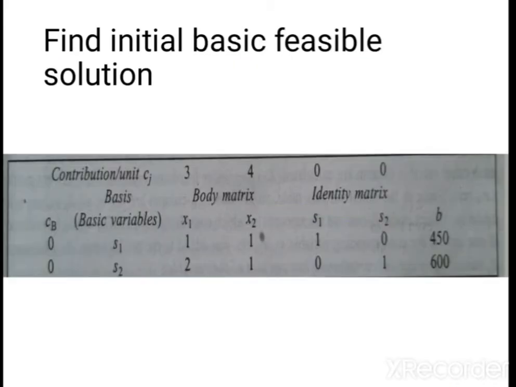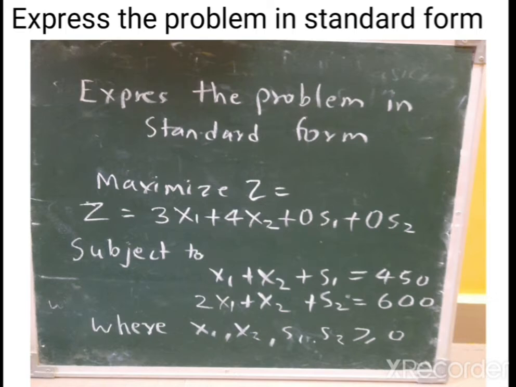Now try to find the initial basic feasible solution. In the simplex method, a start is made with a feasible solution which we get by assuming that the profit earned is 0.